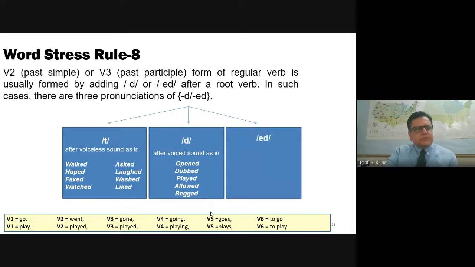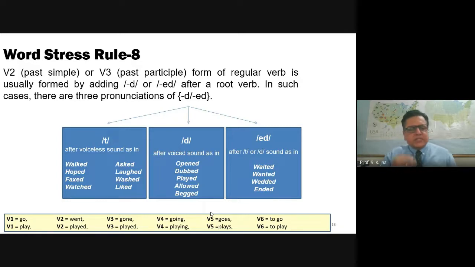It says that the V2 past simple or V3 past participle form of a regular verb is usually formed by adding D or ED after a root verb. In such cases, there are three pronunciations of D or ED. Now let us see the conditions.